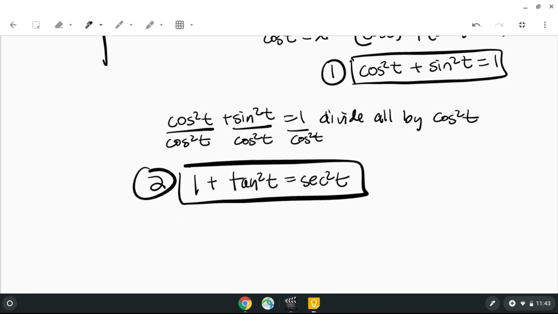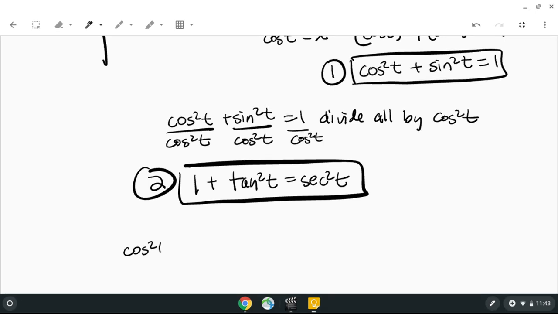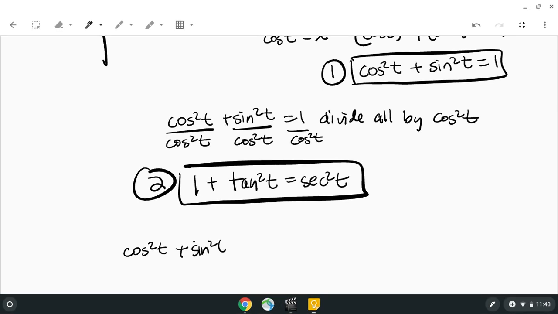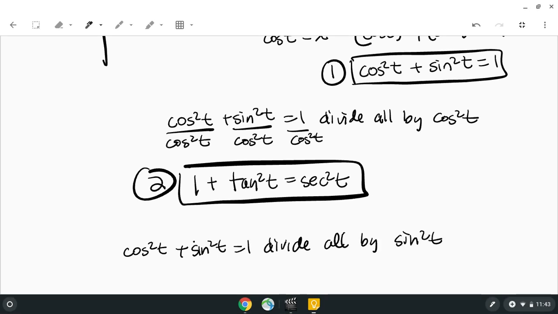Let's take that first one, cosine squared plus sine squared equals 1. And let's divide all of that by sine squared now. And let's see what we get. Okay.